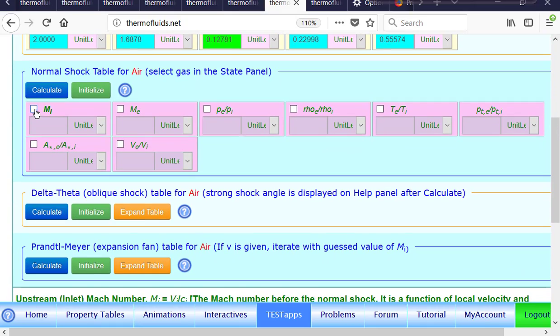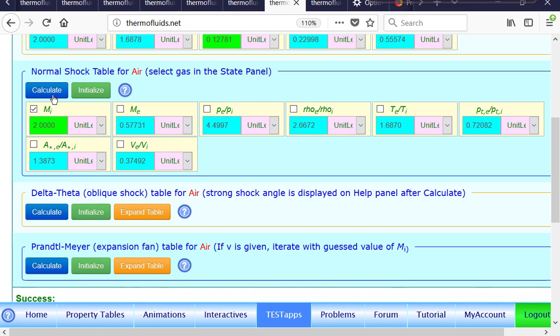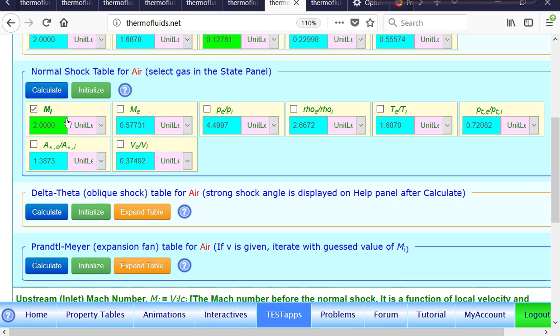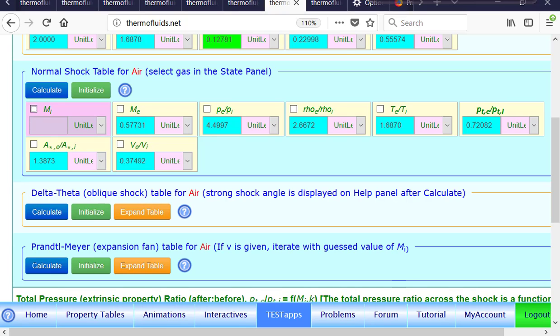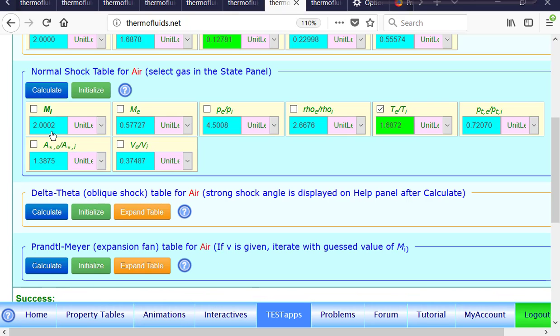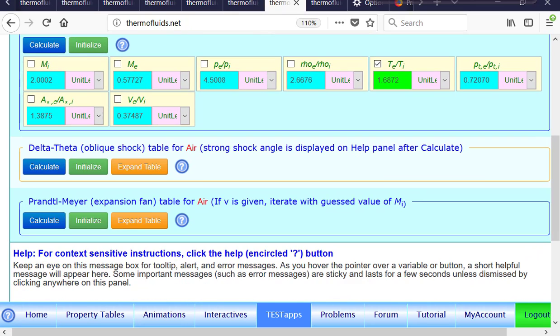For the normal shock table, similarly, suppose Mach number is 2, you can calculate all the other ratios across the shock wave. Obviously, after the shock wave, the Mach number is less than 1. Instead of knowing the Mach number, suppose you know the total pressure ratio, for instance, it will find the Mach number. Similarly, this is for oblique shock, delta and theta.